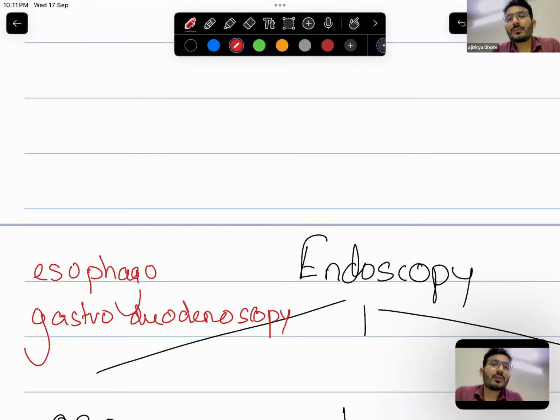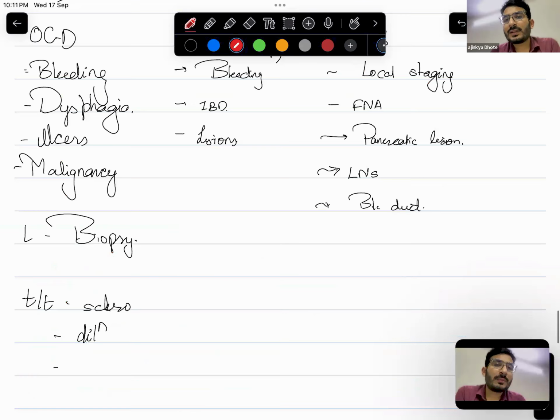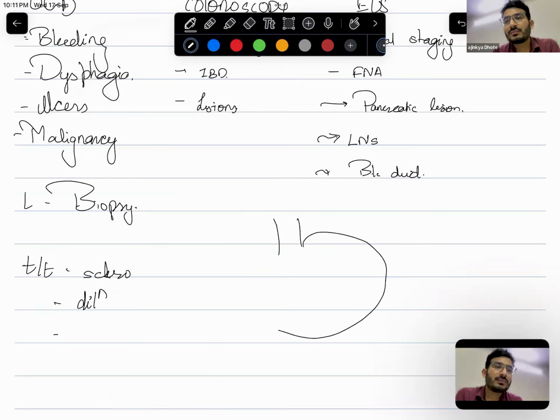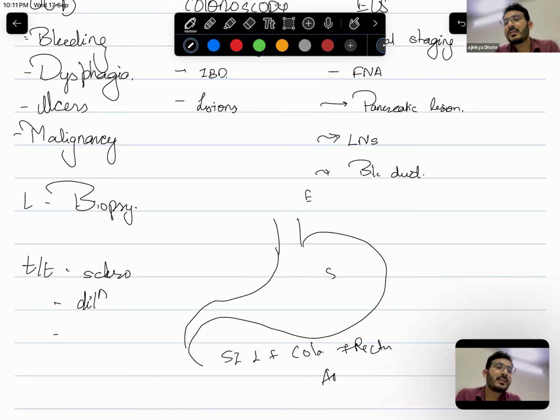Okay, so I want you to understand one important thing. Whenever we are dealing with a luminal structure, starting from your mouth to your esophagus, to your stomach, your entire intestine, be it small intestine, colon, okay, or rectum, or even the anal canal, we have to get a biopsy to confirm the diagnosis.